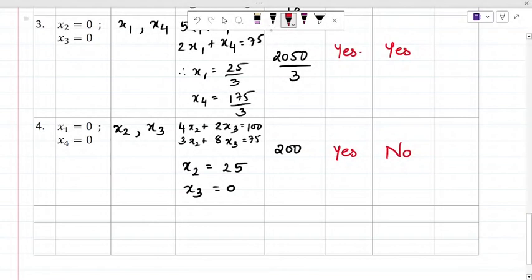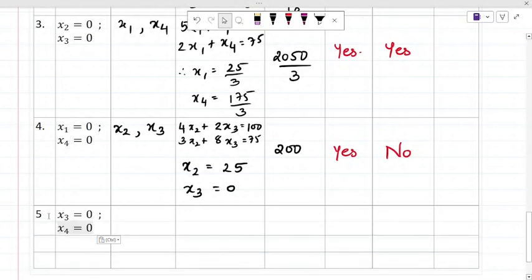Now the next one we will calculate. We have to get 6 answers, so we are done with 4. So let us do the next one, the fifth answer. When we calculate here, we can take x1 and x3 to be 0. So let us take x1, x3 as 0. All possible combinations we have to take.